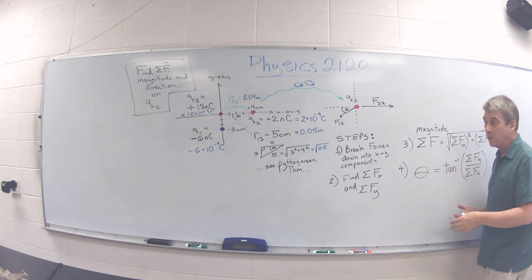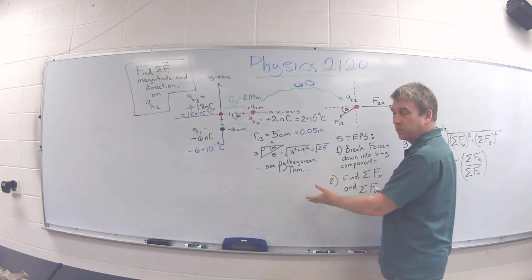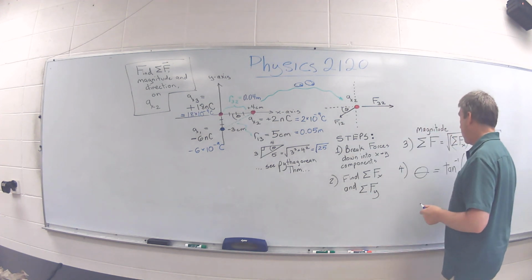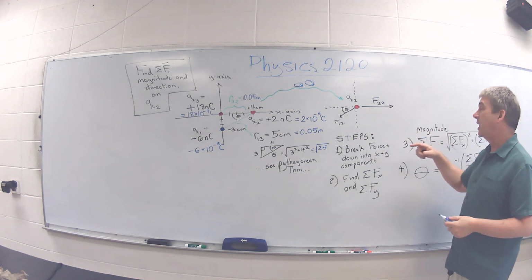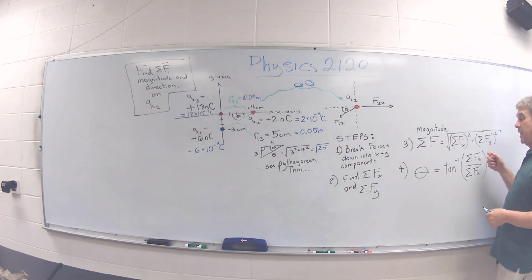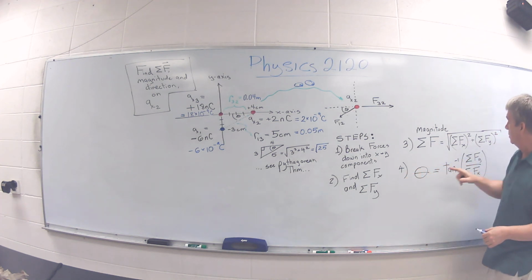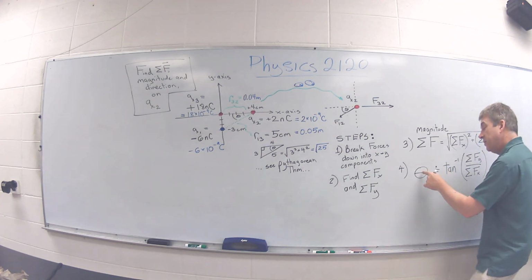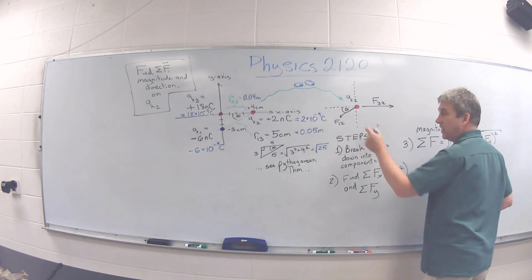The reason this works is because we're using the Pythagorean theorem again. Finally, to find the actual angle of the total force, we use inverse tangent, again using the sum of the forces in the y direction divided by the sum of the forces in the x direction. Now, this is not that angle.